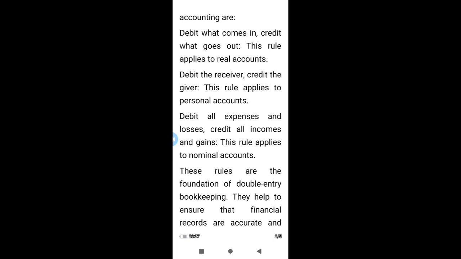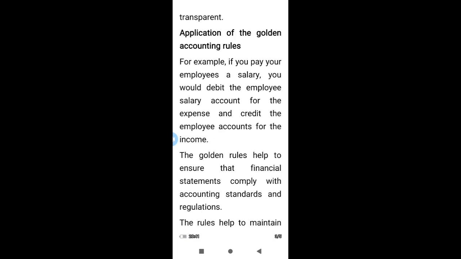These rules are very important in the reporting and preparation of financial statements. This is how these golden rules are applied.